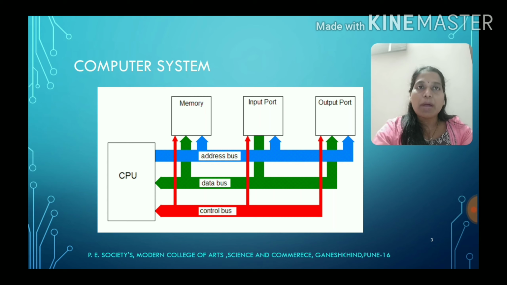These and other such input-output devices are electromechanical, electromagnetic and optical kinds of devices. They are not compatible with the central part of the computer system because of the technologies they are using. They differ in the way of operation, the electrical signal levels, the codes generated and the speed of communication.